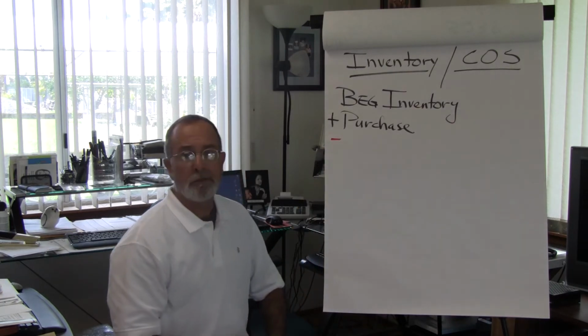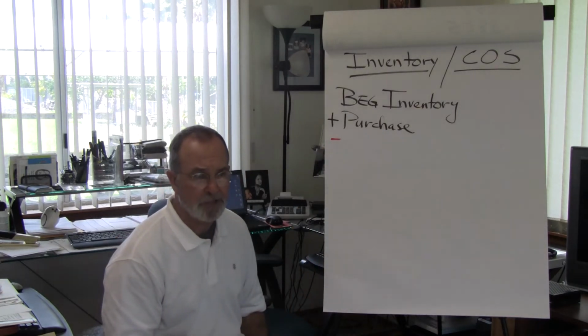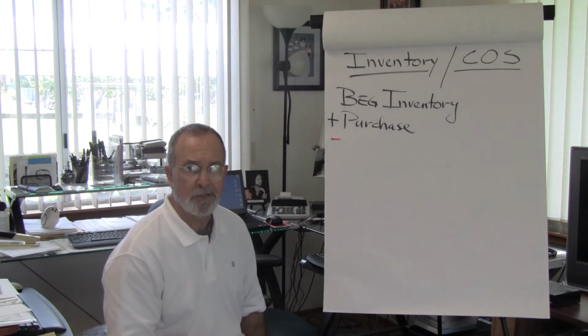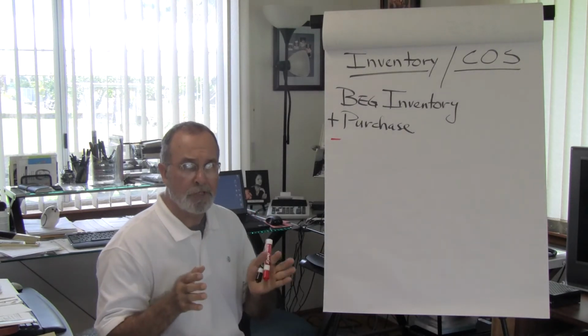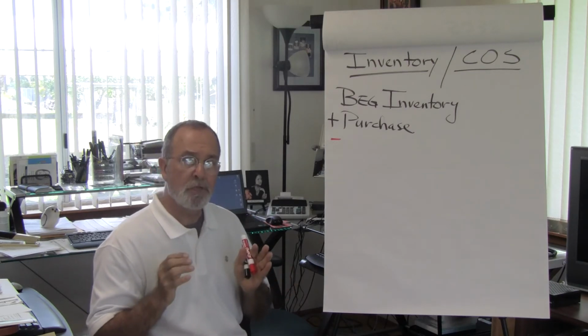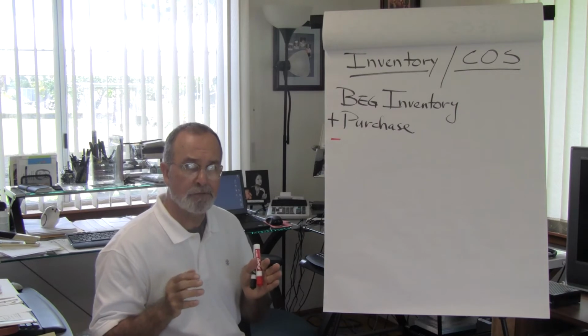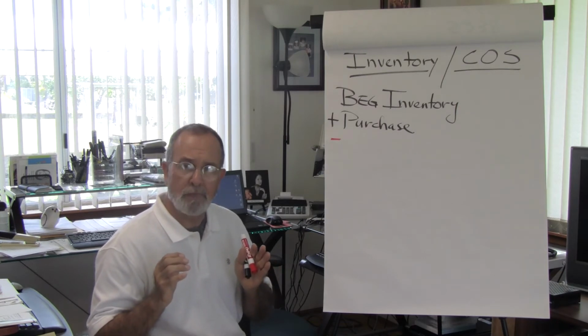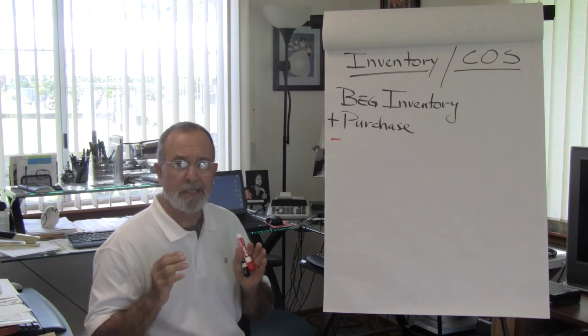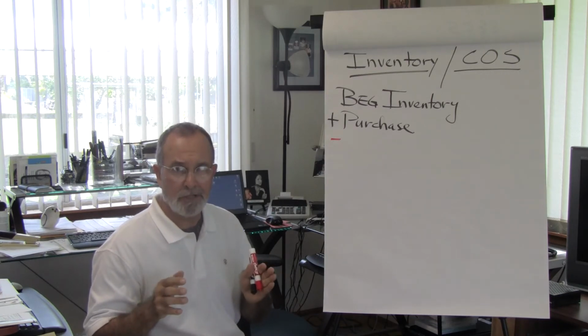If you recall the discussion on merchandising from Chapter 6, we had our revenue accounts, we had our sales account, and we had two contra revenue accounts, and those were sales returns and allowances and sales discounts.